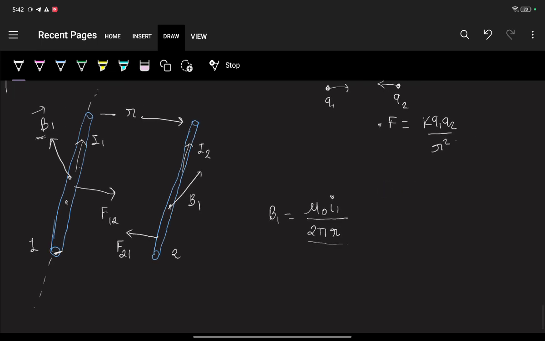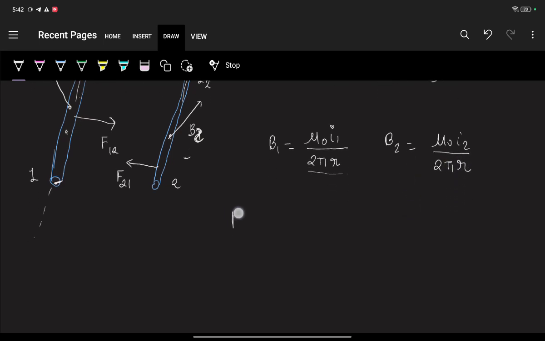And similarly, magnetic field due to this wire would be the same, mu naught I2 upon 2 pi R, right? So force between them is given by what? I2 in the bracket L cross B. We have just derived this formula, right?